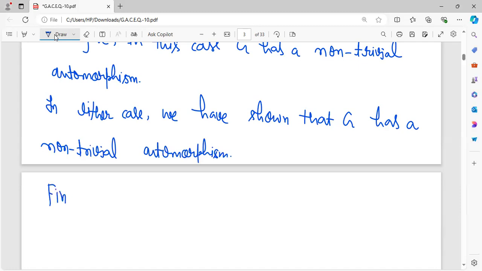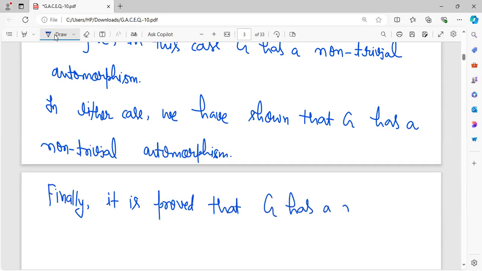Finally, it is proved that G has a non-trivial automorphism. Okay, so it is finally proved.